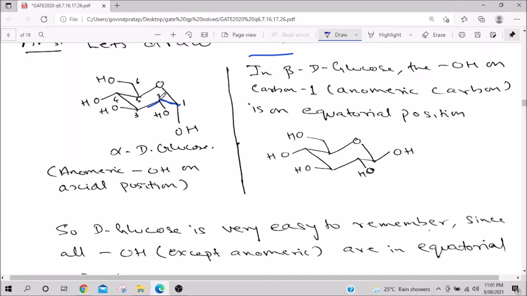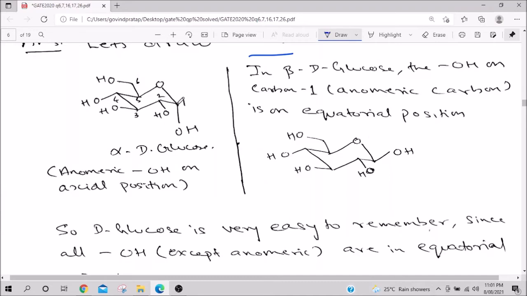So, here on top you have to just make a straight line. Carbon has 4 valency, so here only 3 bonds are there. The fourth one you make straight like that and put H here. Similarly, if you come here, one is going down, one is going down. So, straight down, hydrogen, this is axial, here this is axial, and here this is axial, and CH2OH is equatorial. So glucose is very easy to make, with all the OH on equatorial position.